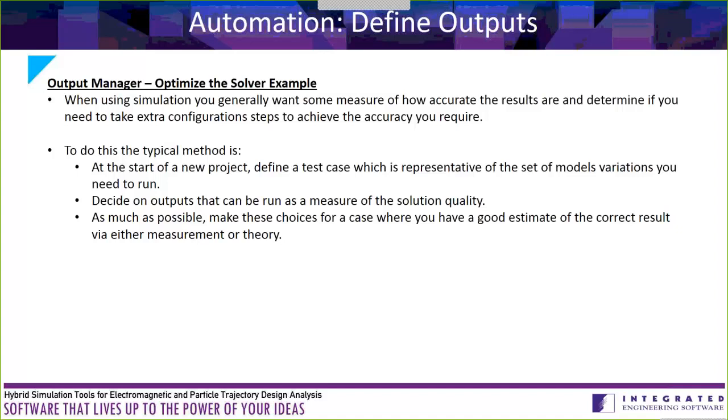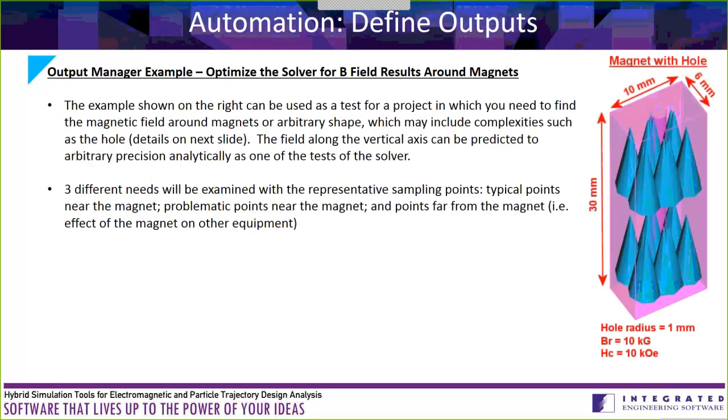So typically define a test case, decide on what output you're going to use as a measure of solution quality, and as far as possible, do those outputs for a particular case where you have a good estimate of the correct result. Perhaps you have theory, perhaps you have a measurement, but if possible, something where you already have a good idea so that you can verify the settings against that.